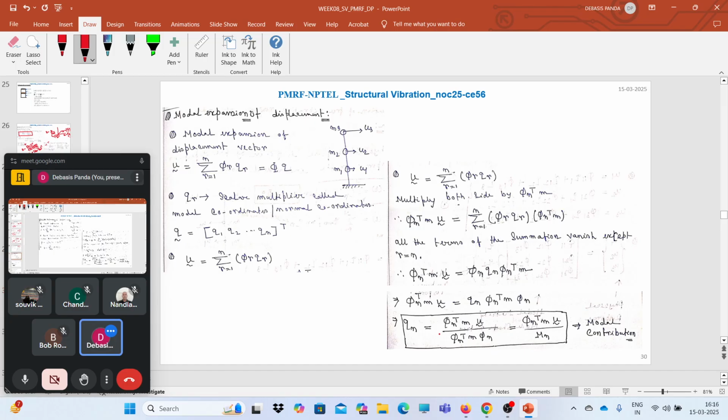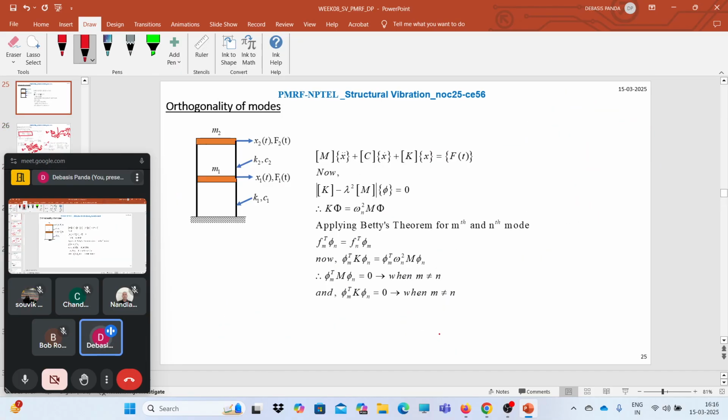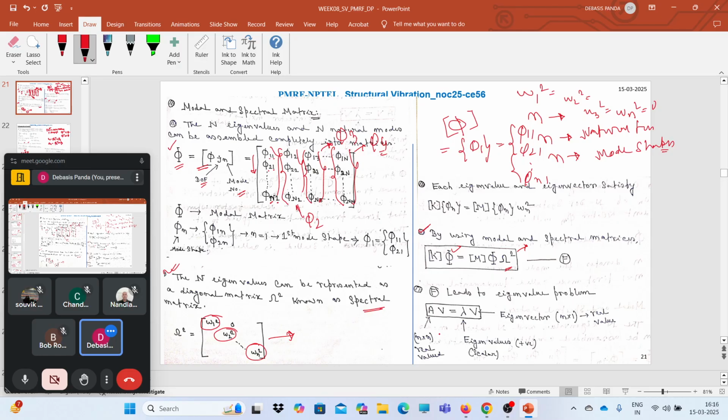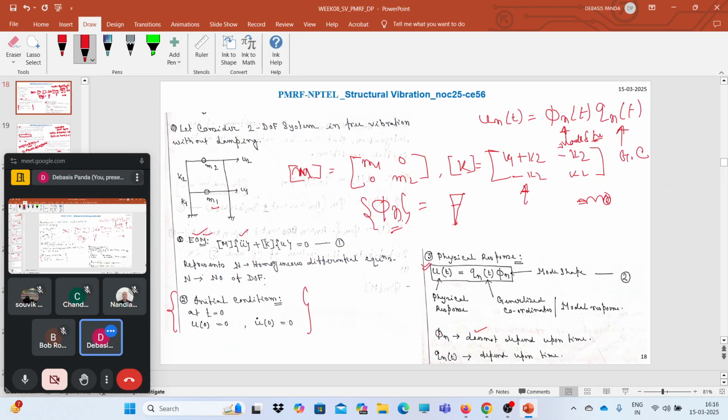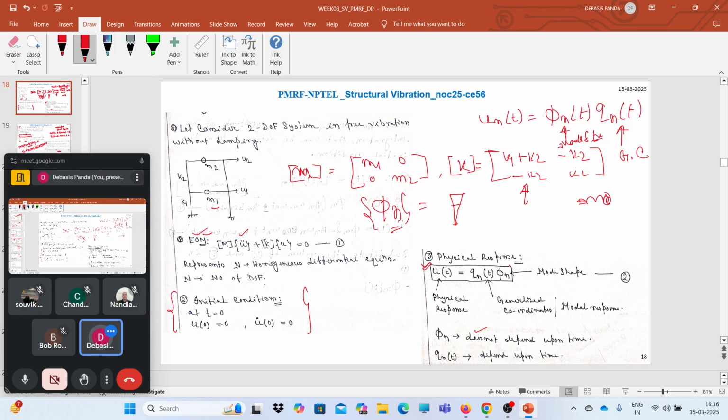Now, till now we have the concept of mode shape and different terminologies related to modes, and we have seen that we can find the physical response by a combination of the generalized coordinates and mode shape. Now we will see how, using this modal representation, we can solve the response of an undamped free vibration case.